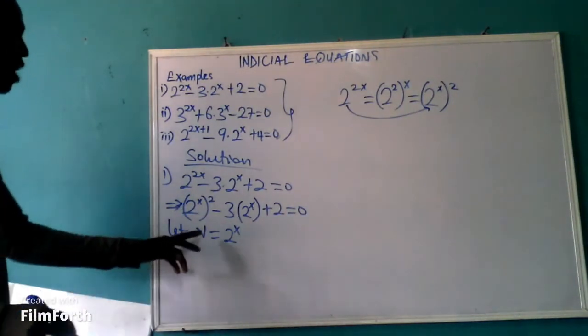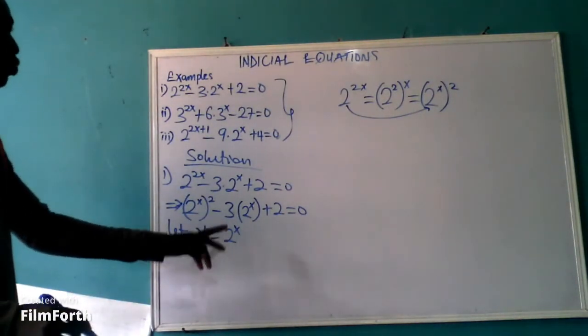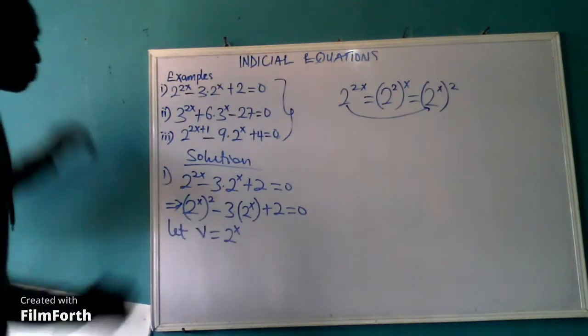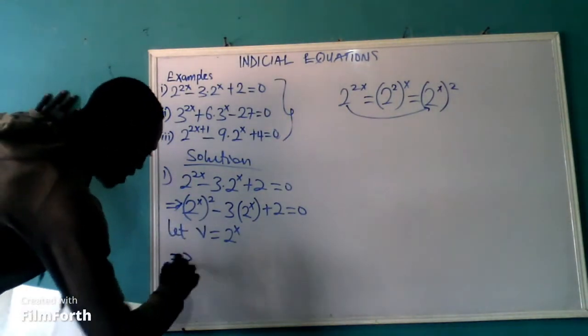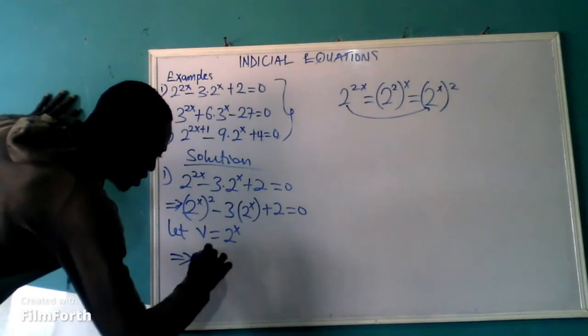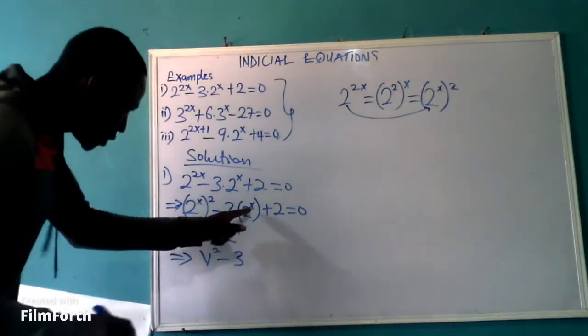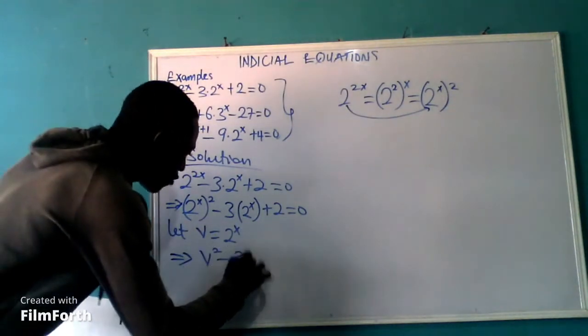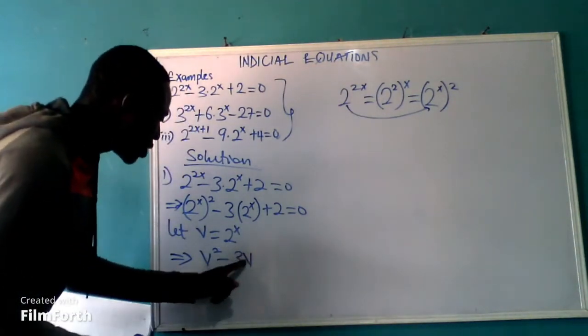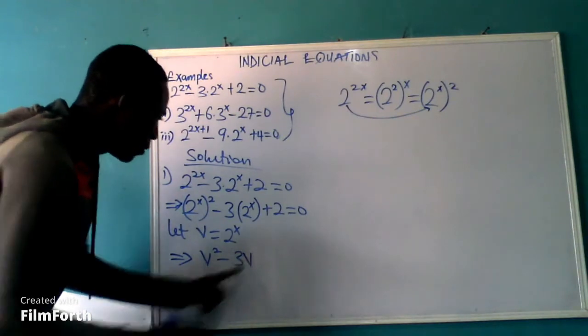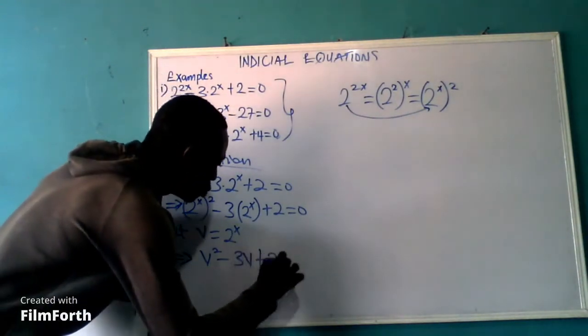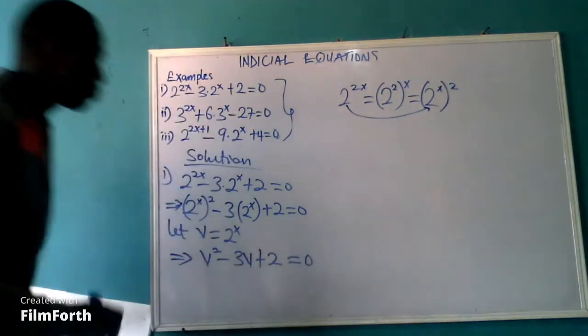In other words, wherever you see 2 raised to power x, you replace it with v. That implies v raised to power 2 minus 3 times v, plus 2 equal to 0.